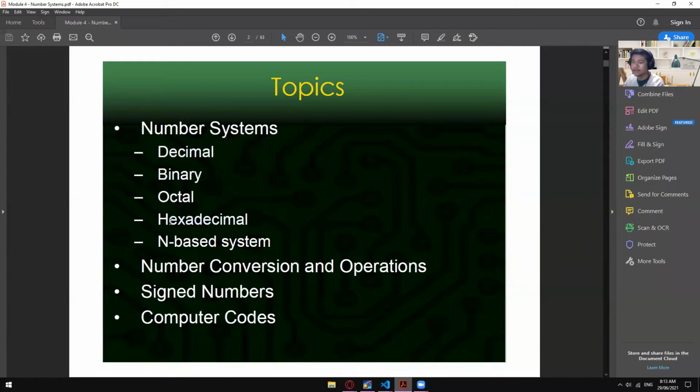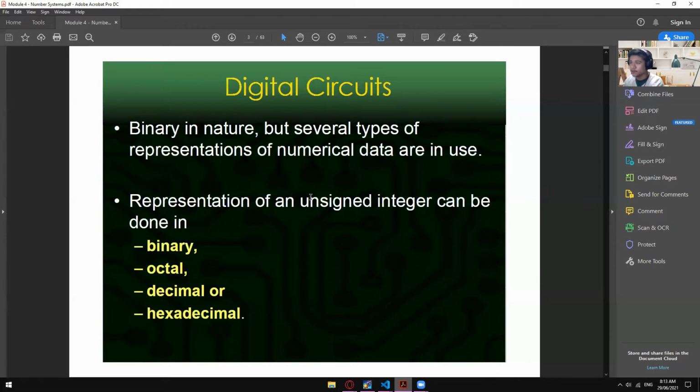We're going to talk about them one by one, and later on I'll discuss what this n-based system is. Then after that, we'll discuss number conversion and operations, signed numbers, and then computer codes. All right, without further delay, let's now start with digital circuits.